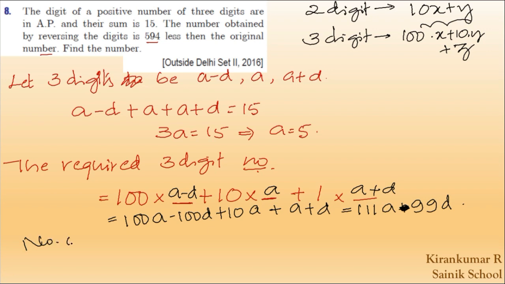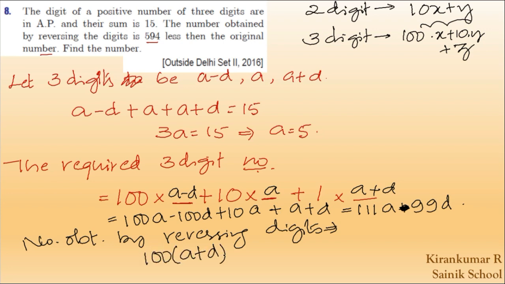The number obtained by reversing the digits will be 100 multiplied to A plus D plus 10A plus A minus D. On further simplification, we get 100a plus 100d plus 10a plus a minus d.